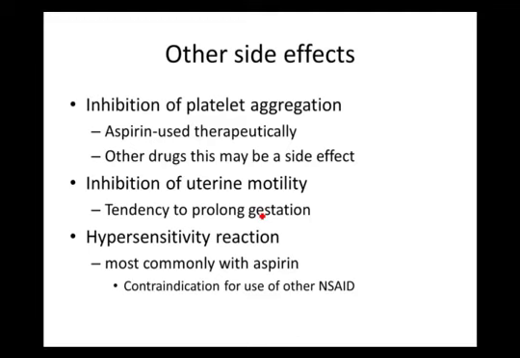When we talk about aspirin and platelet aggregation, that's the clinical benefit of it. Obviously, if you don't want to have your platelets aggregated, that's a side effect in a non-STEMI patient. We can also alter uterine motility, and there are hypersensitivity reactions, as I mentioned earlier, most commonly encountered with aspirin, but some people have been known to be allergic to other NSAIDs as well.